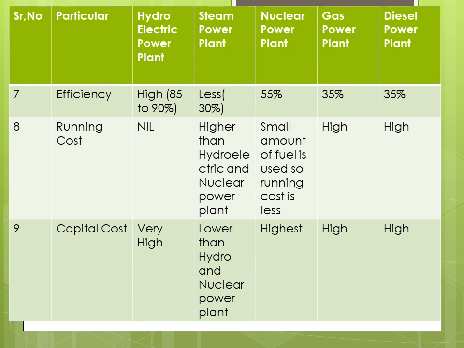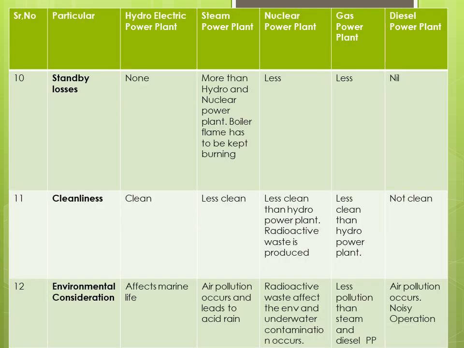For gas power plant it is high, and for diesel also capital cost is high. Standby losses are nil for hydroelectric power plants, more for steam power plants because the boiler flame has to be kept burning. For nuclear and gas these are less, and nil for diesel because they can be started instantly.